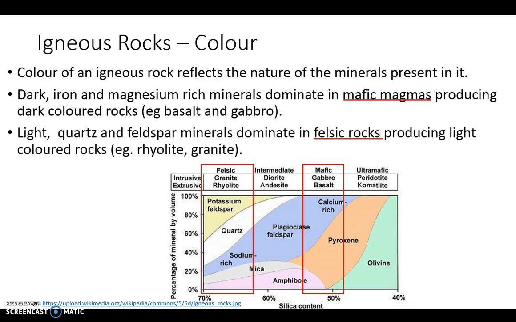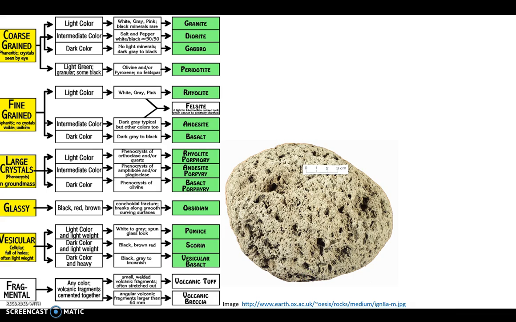Similarly, in light felsic rocks, we're getting a lot more quartz and feldspar minerals. So the feldspars, specifically the potassium and sodium rich feldspars, and that's giving us light coloured rocks, so rhyolite and granite. Cool. So let's look at an example.